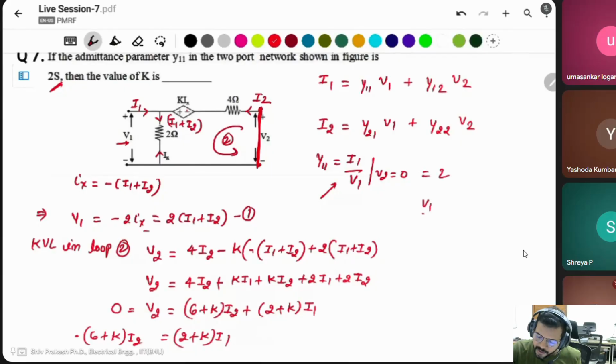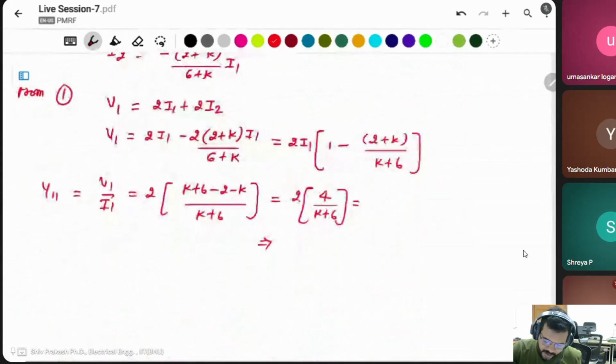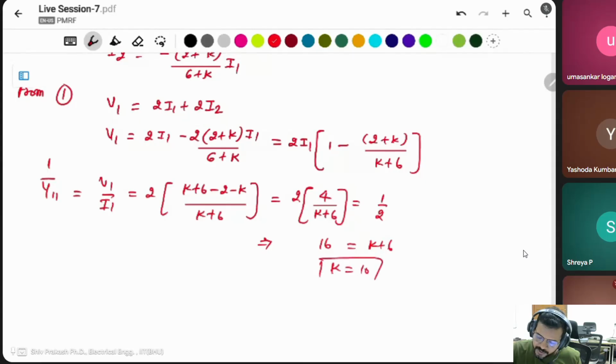Then V1 by I1 is equal to 1 by 2, not 2. I have taken the question 1 by y11, not V1 by I1, that means 1 by 2. Then this will be 16 is equal to K plus 6. Then K is equal to 10. 16 minus of 6 is equal to 10.